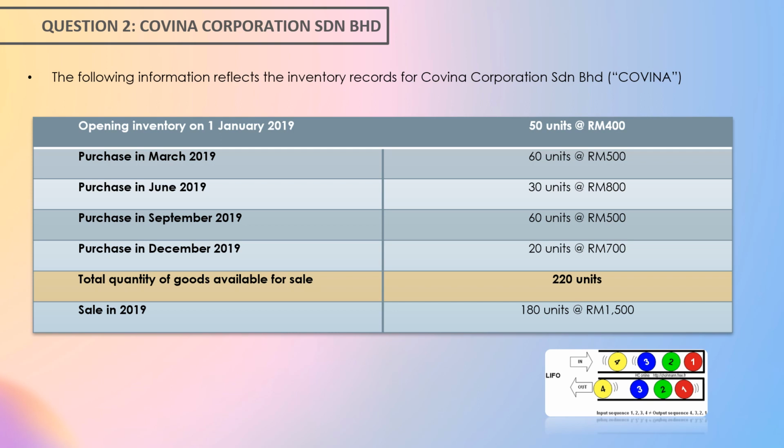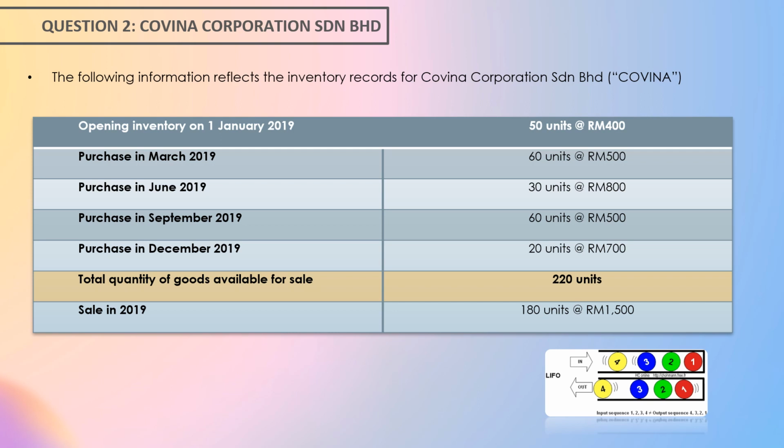Question 2. Covina Corporation Sendirian Berhad. The following information reflects the inventory records for Covina Corporation Sendirian Berhad. Opening inventory on 1st January 2019, 50 units at RM400; purchased in March 2019, 60 units at RM500; purchased in June 2019, 30 units at RM800; purchased in September 2019, 60 units at RM500; purchased in December 2019, 20 units at RM700.